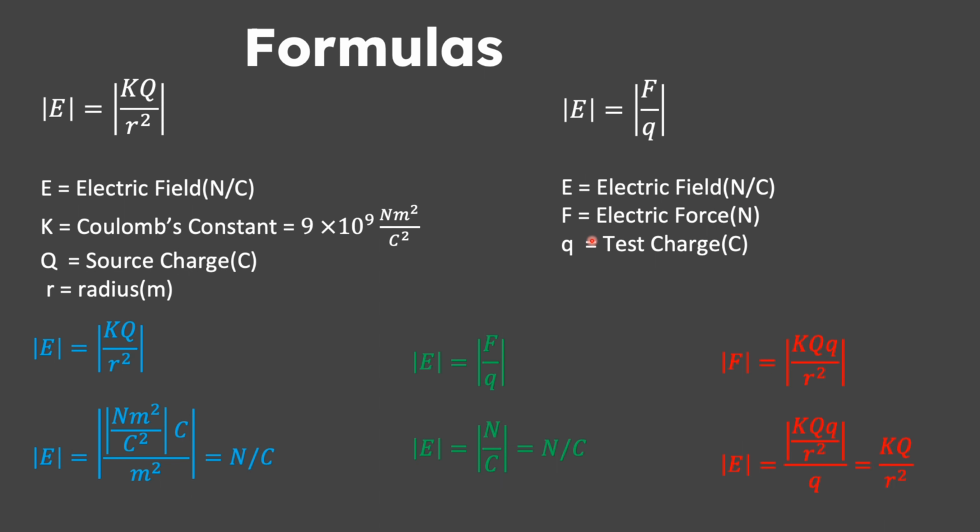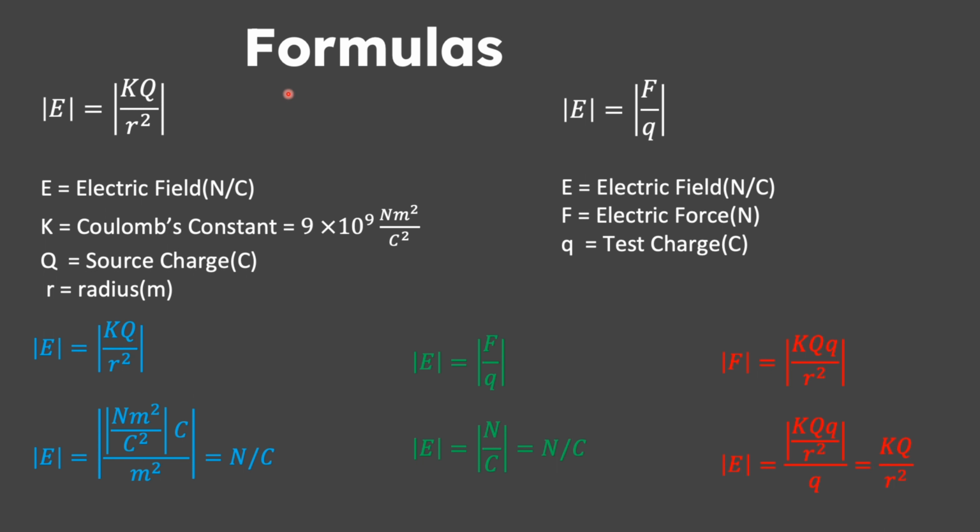However, in this formula, a lowercase q is used, which is equal to test charge, which is the charge whose electric field we're not measuring. The unit for electric field again is newtons over coulombs.